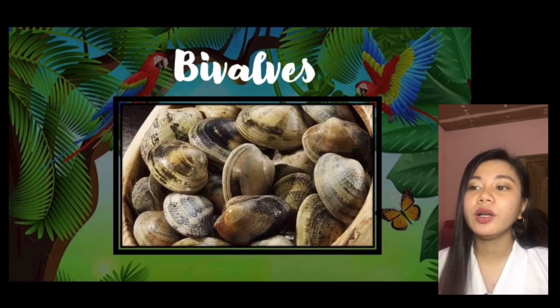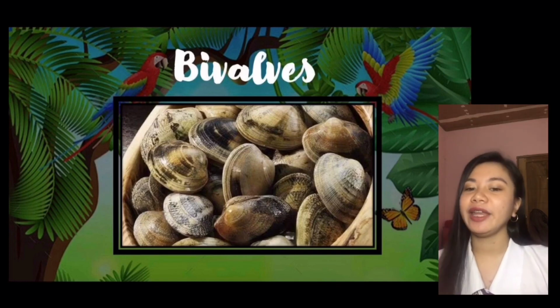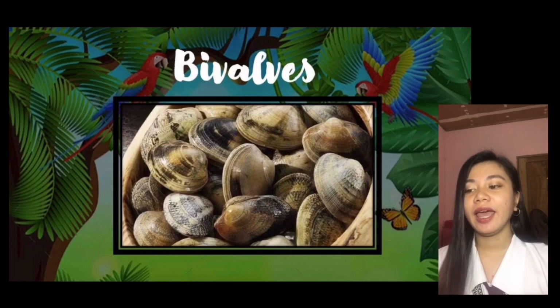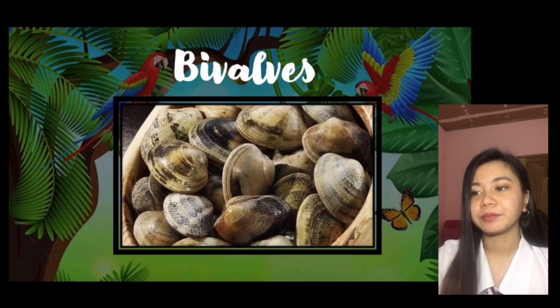And ito daw pong bivalves is nakakain or source of food ng tao and ng animals. So, as you can see po, ang pinagkaiba po ng univalves and ng bivalves is yung univalves po is iisa lang po ang shell na nagpo-protect sa kanya, while ang bivalves naman po is dalawang shell ang nagpo-protect sa kanya.